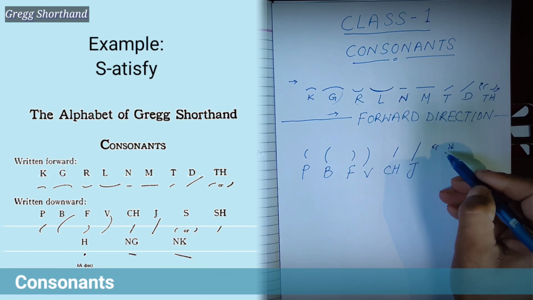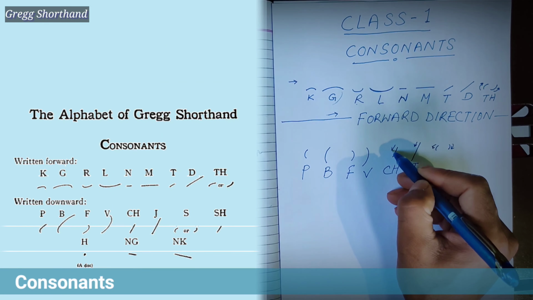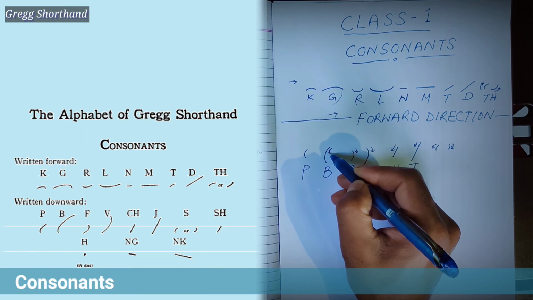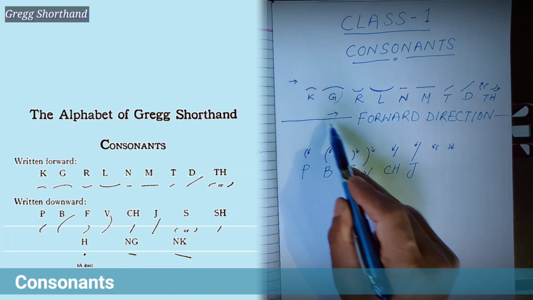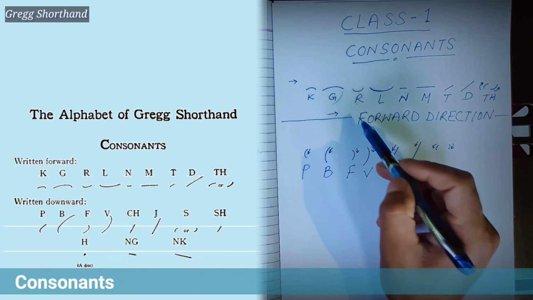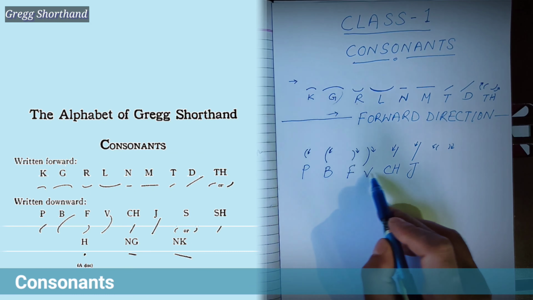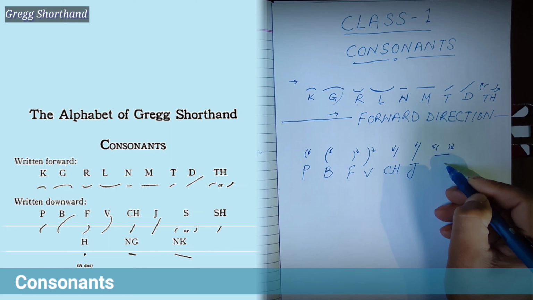So if we write S, we go downwards. All of these characters go downwards, right? You cannot write B or P in the upward direction, and you cannot write the TH characters in the downward direction. So remember this: these are all downward characters. Both of these are the S sound, right?